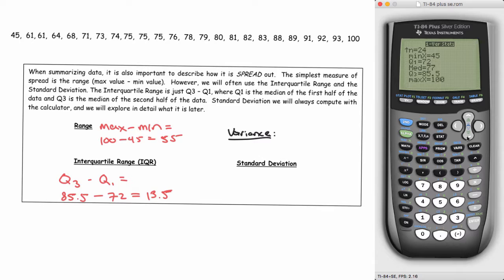So the variance in your calculator is the square of the standard deviation. So we'll come back to that. Let me do the standard deviation first. In your calculator, the standard deviation is the value you get where you see that little s with an x. Okay, so in our case, our standard deviation is 12.195.